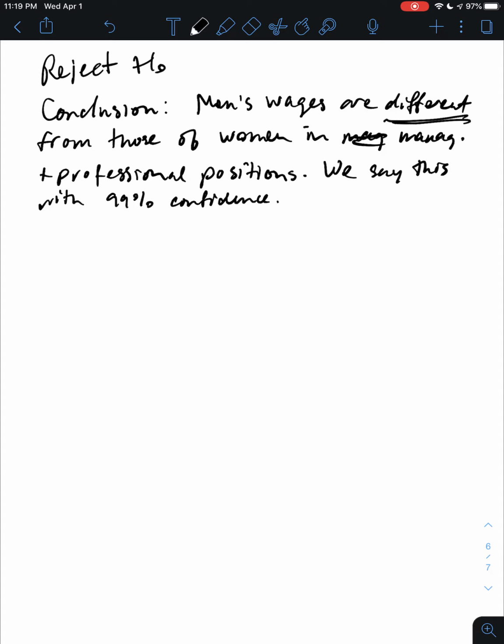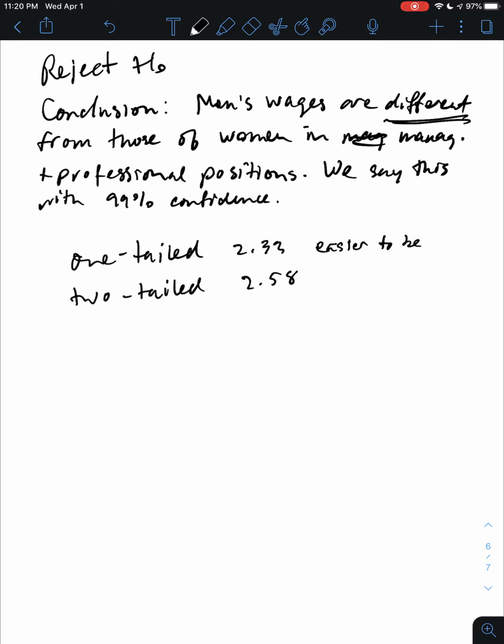So remember, the critical value for one-tailed in this example was 2.33. The critical value for two-tailed was 2.58. So it's sort of easier to be in the rejection region in the first case.